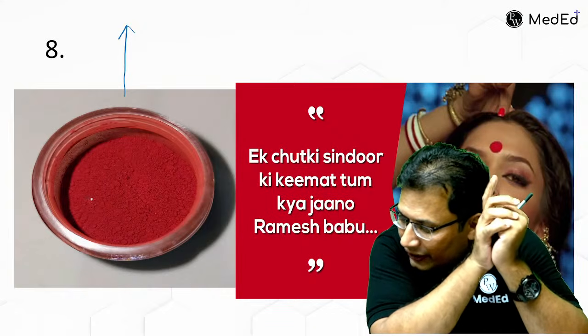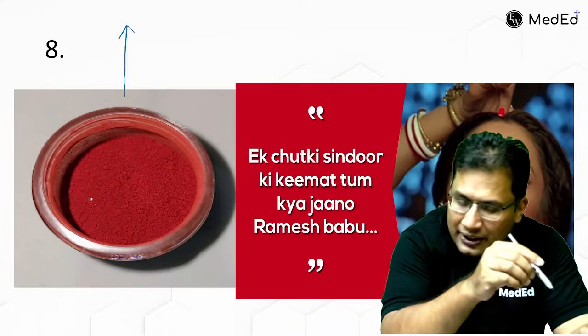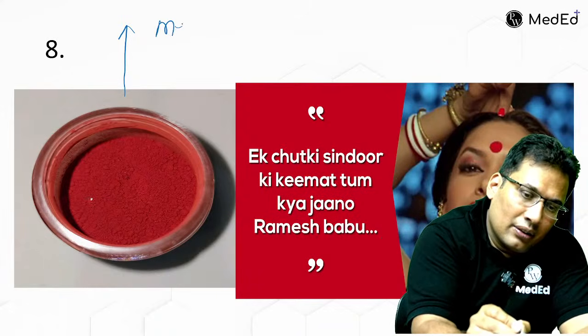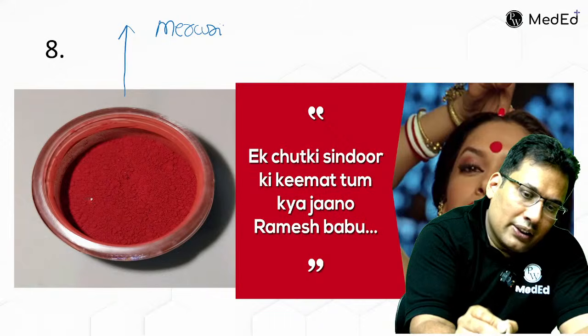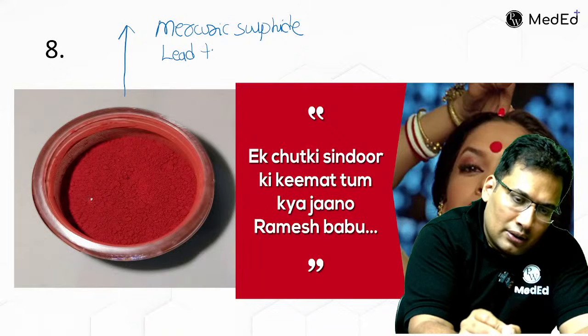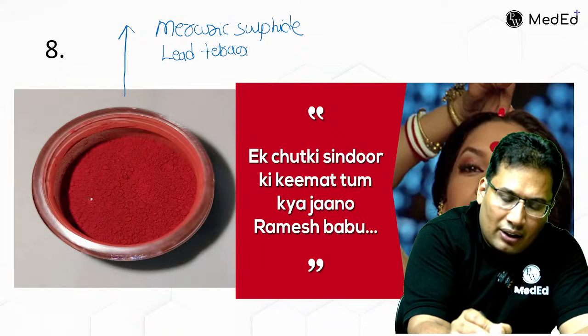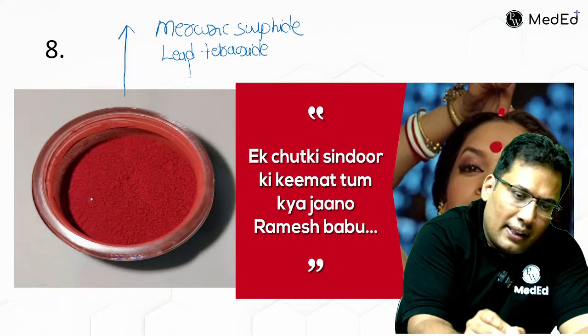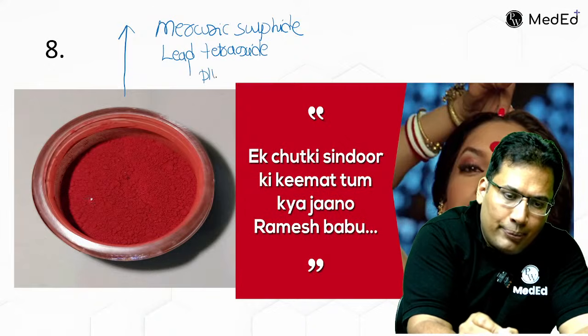Rajesh, Rakesh, good answer. This is mercury sulfide, or lead tetroxide. Lead tetroxide. So lead causes plumbism.